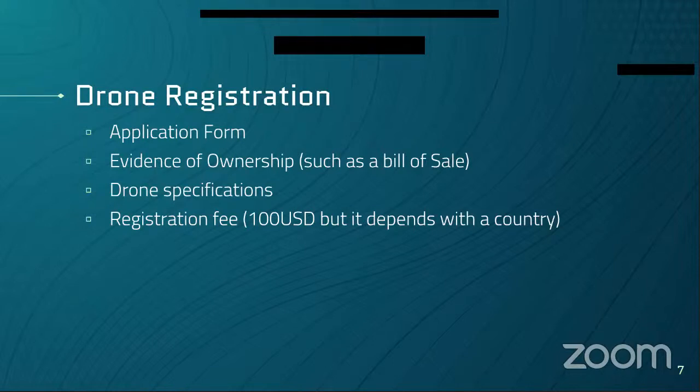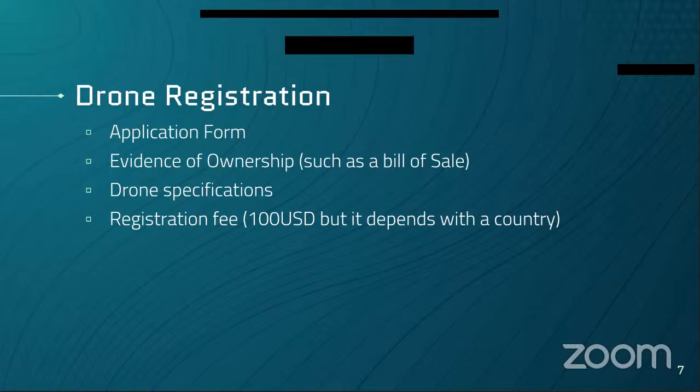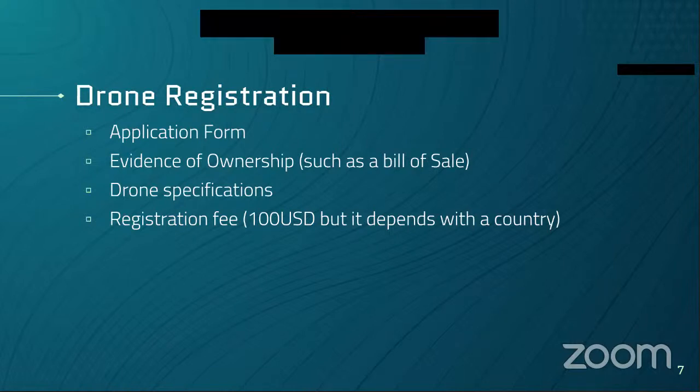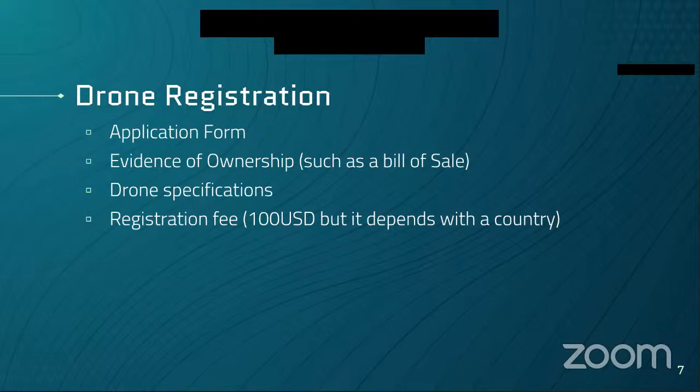And also, if that drone is a manufactured drone, you should have a drone specification, a document which states all the specifications that are included in your drone. The registration fee also differs, it depends on the country. It's not a must that you pay $100 USD, the amount is not constant, it depends on the country.